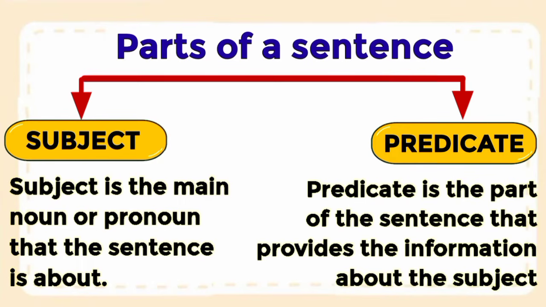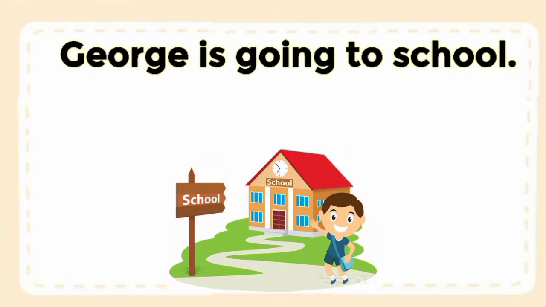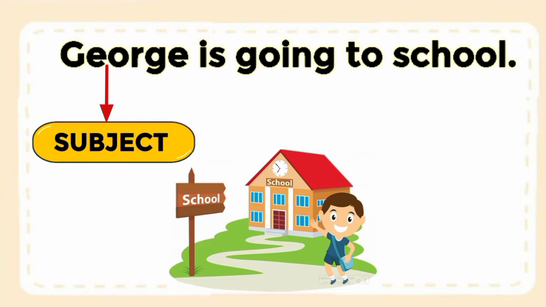Let's understand this better with the help of few examples. George is going to school. In this sentence, we are talking about George, that this boy George is going to school. So this is our subject. In a sentence, if we ask who is doing the action, then the answer that we get is always a subject.